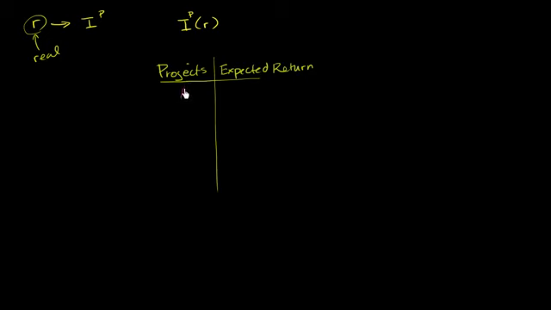And let's say project A has an expected return of 20%, B 18%, C 16%, I'll do a couple more, D 10%, E is 5%, and then F is, let's say F is 2%.